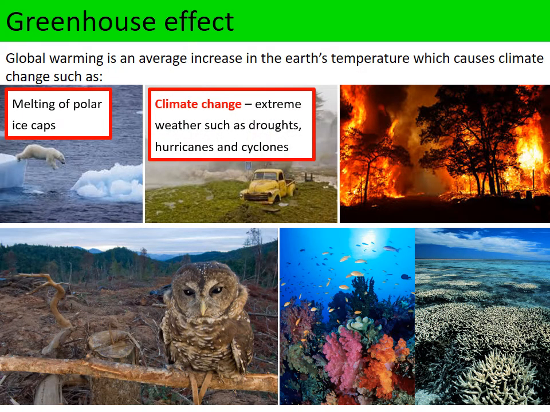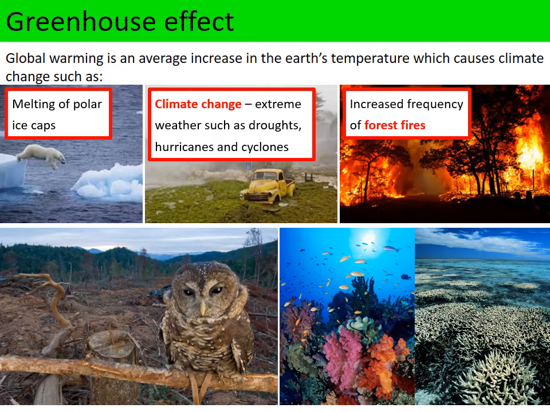We know climate change has brought about extreme weather conditions such as droughts, hurricanes, cyclones, etc., which can also have a devastating effect on local habitats. The increased temperature can also contribute to the increased frequency of forest fires, for example, which we can see here from this picture.